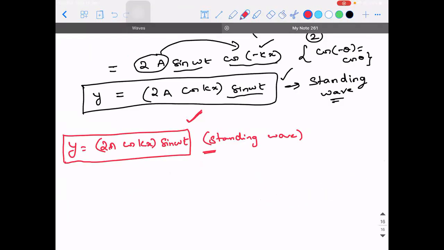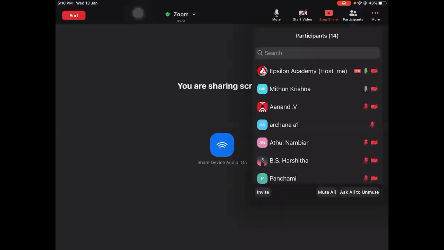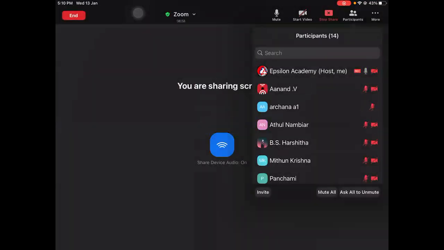This is a standing wave. This is forward, and this is the reflector.